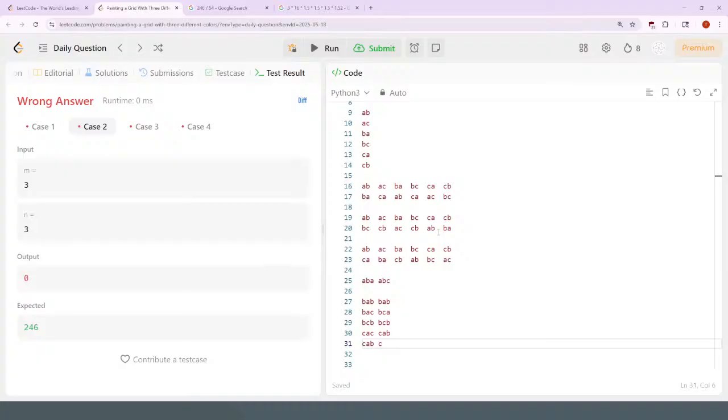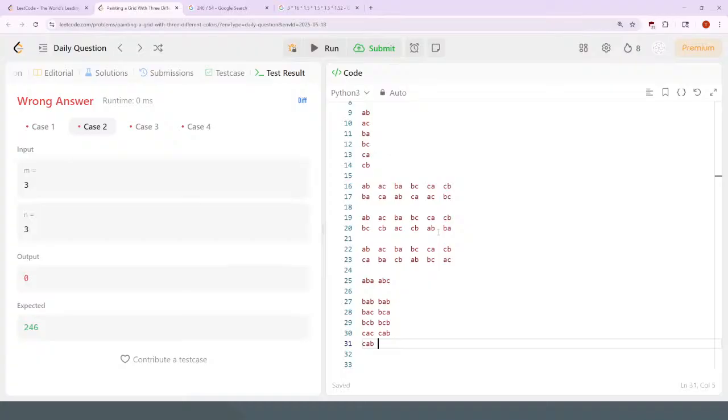Can be A. Can't be another A. It's not C, so it has to be CAB. C. I've already done the B's. Oh, this is 9. This is 9.